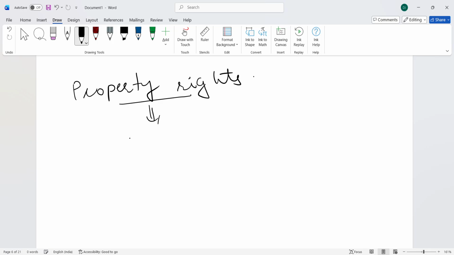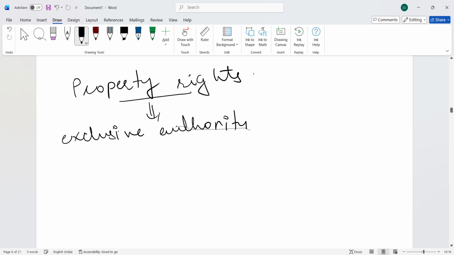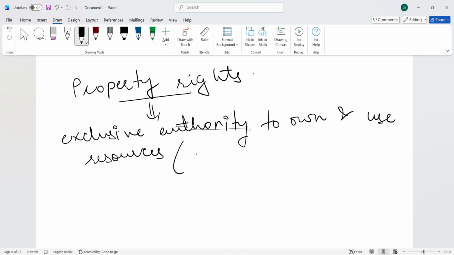Property rights are basically exclusive authority to own and use resources, and anything made from those resources.